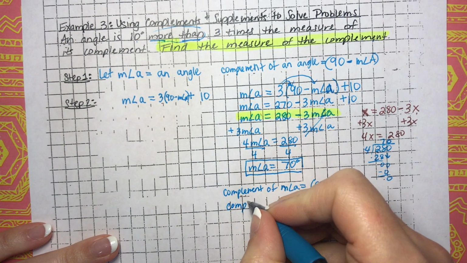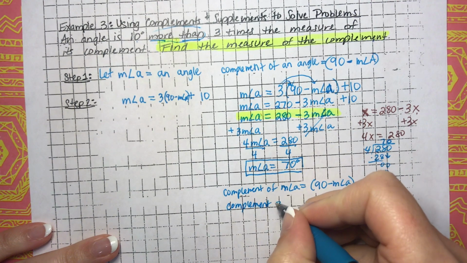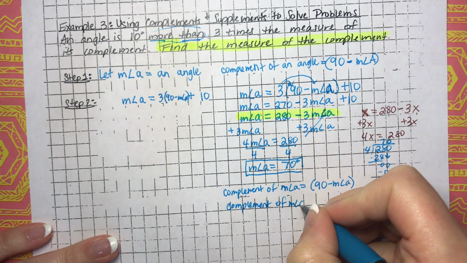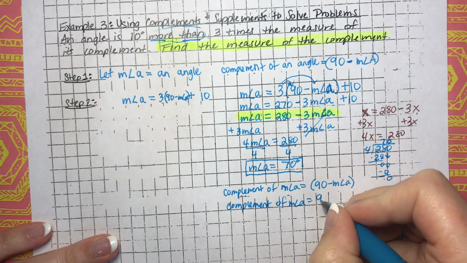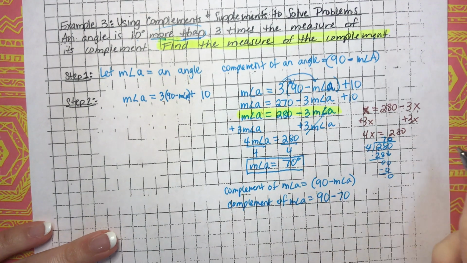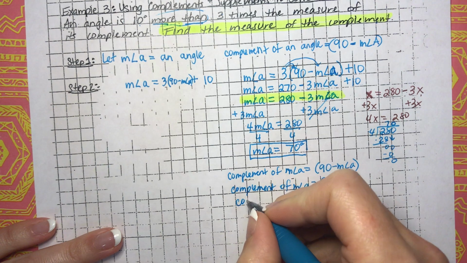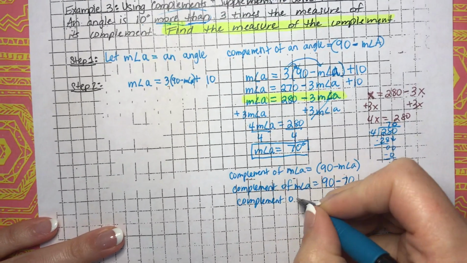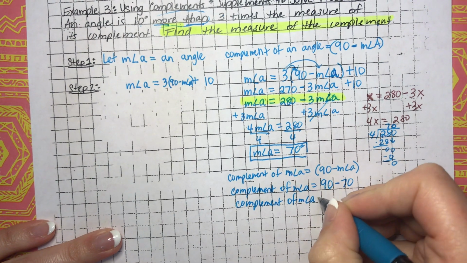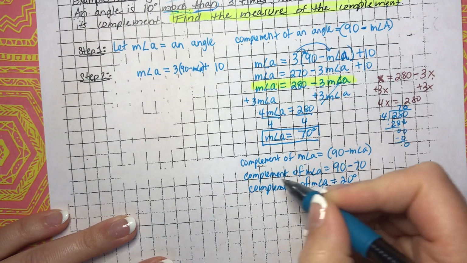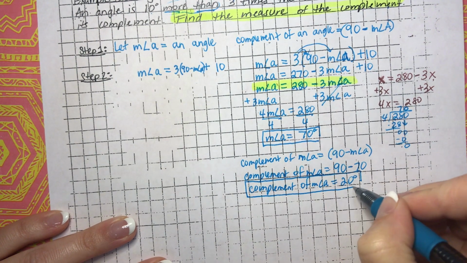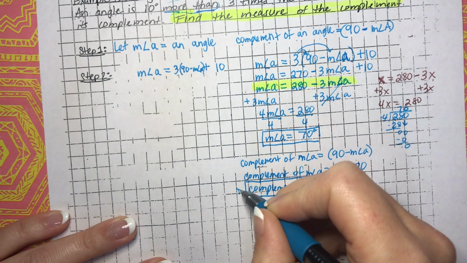So we get the complement of the measure of angle A is equal to 90 minus 70, which means the complement of the measure of angle A is equal to 20 degrees. So that is our answer. That is what they asked us to solve, to find the complement.